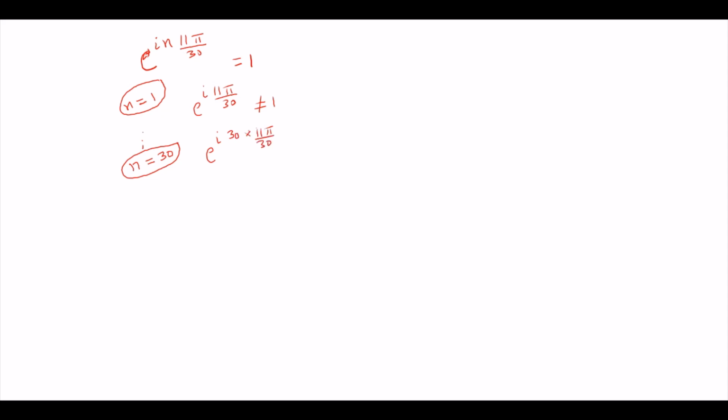These two get cancelled. e power i 11 pi, that is cos 11 pi plus i sin 11 pi. Cos 11 pi is minus 1, sin 11 pi is 0. Therefore, you will get minus 1. So this is not required. We want plus 1, so we have to increase the value of n.